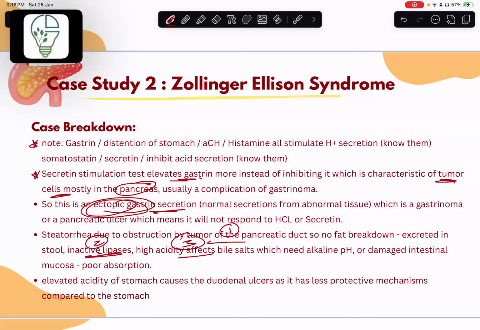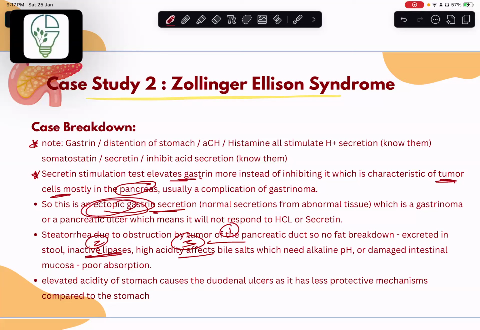And the last point we need to discuss is duodenal ulcers caused by stomach acidity. When you have too much gastrin, too much acid is produced, and the environment of the stomach gets very acidic. The stomach can tolerate some of it: it has a thick mucus layer, a thick wall, and physical and chemical protective mechanisms, unlike the duodenum.